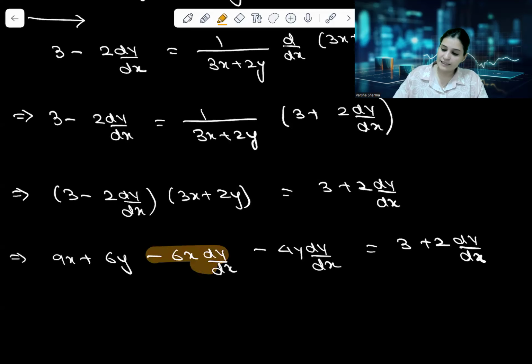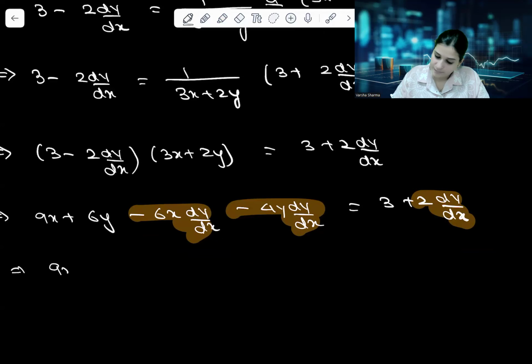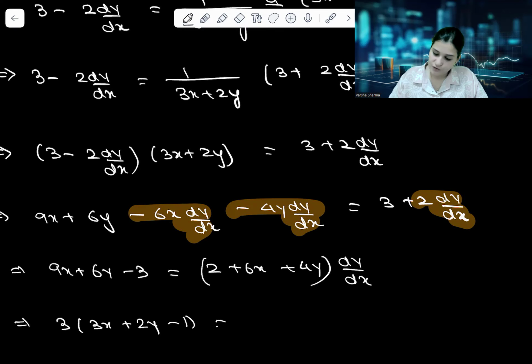So all the terms that contain dy by dx on the one side and all the rest on the other. So 9x plus 6y minus 3, equals 2 plus 6x plus 4y, dy by dx. I can again take 3 common here: 3 times 3x plus 2y minus 1, taking 2 common: 2 times 1 plus 3x plus 2y.